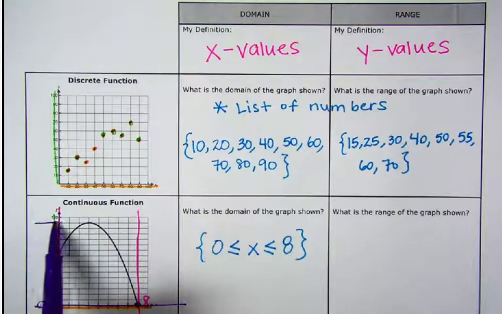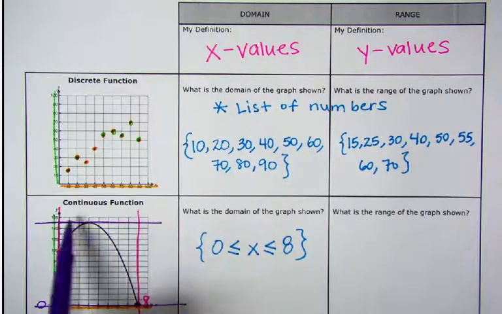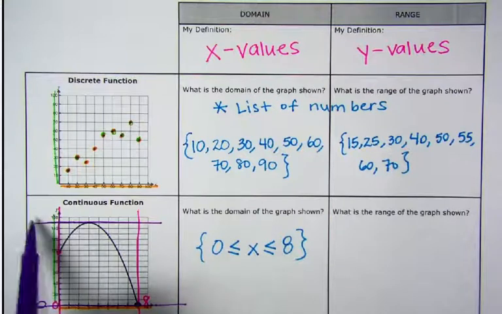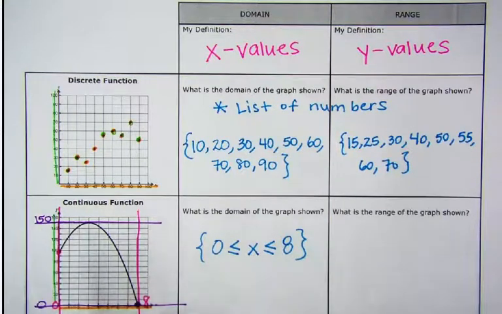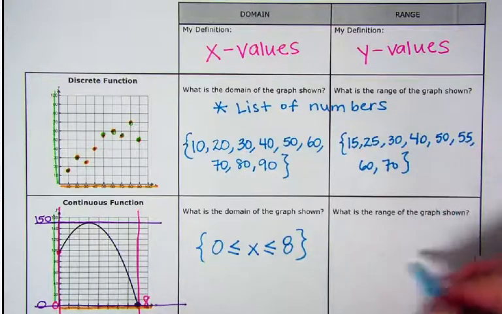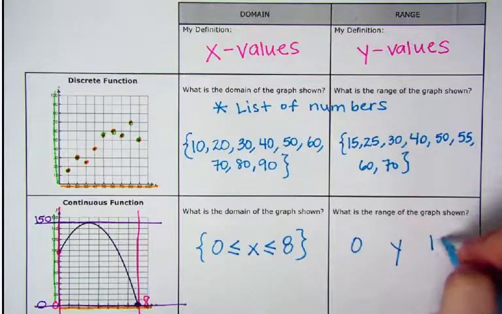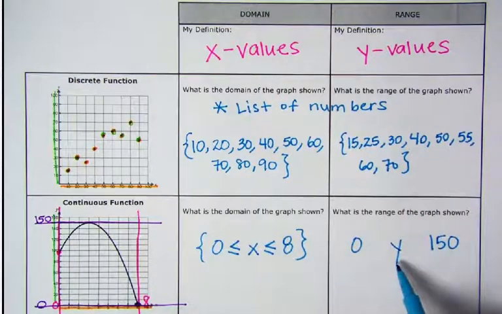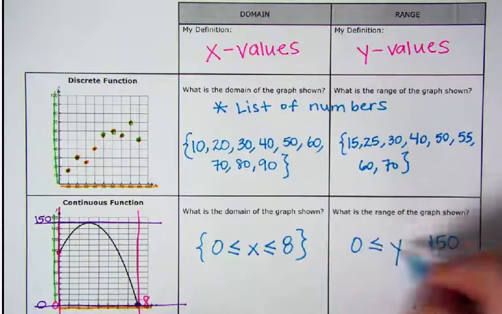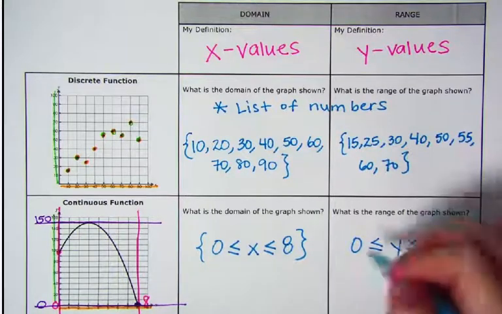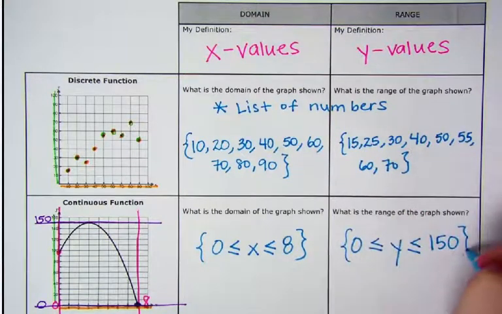So again, I'm going to draw my line across, and I see that that hits a y value of 150. So now I'm going to write the same thing over here, that y is between 0 and 150. I physically write the letter y in between the two numbers that I just found over here on my graph. And then we will be using less than or equal to, because we always write least to greatest, and then include our brackets.